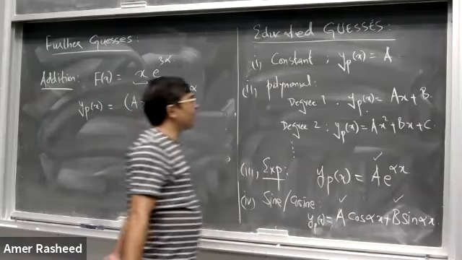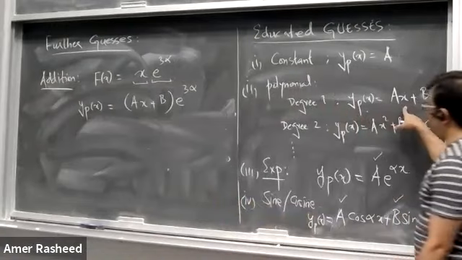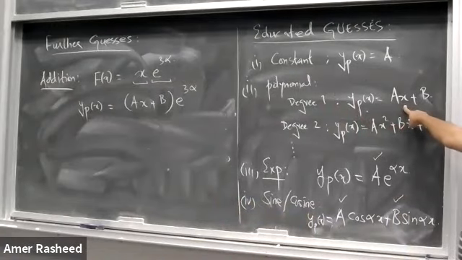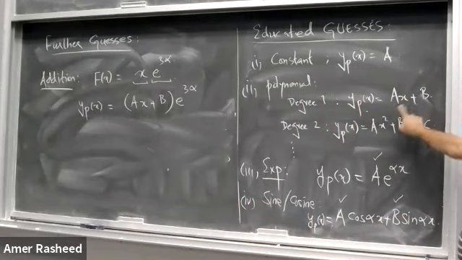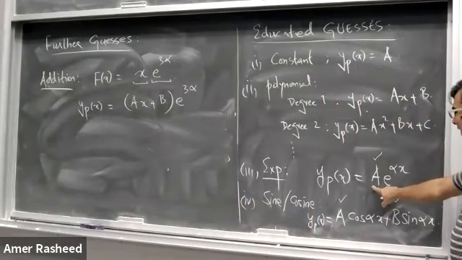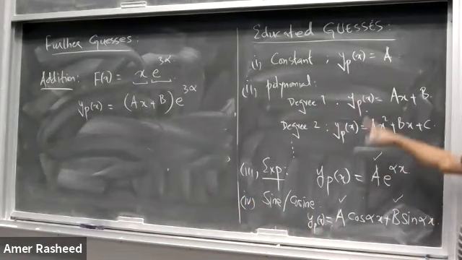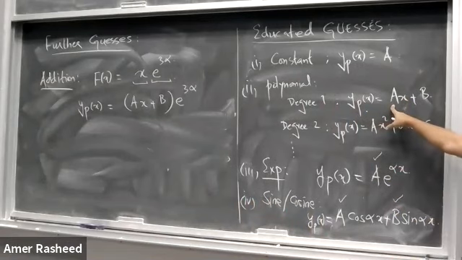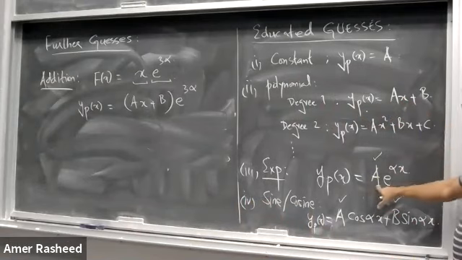Why do we write it? Because for the polynomial of degree 1, we write this guess, and for the exponential, we write a e raised to alpha x. But if we write a here, a will eventually be multiplied here, and it becomes a new constant. So we eliminate this.